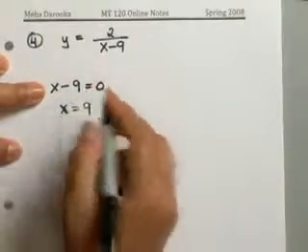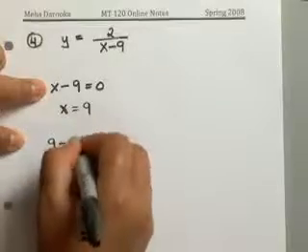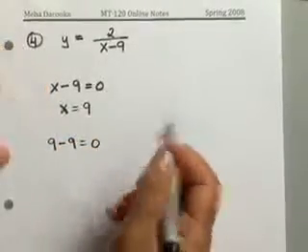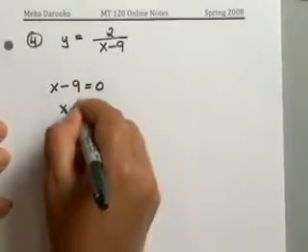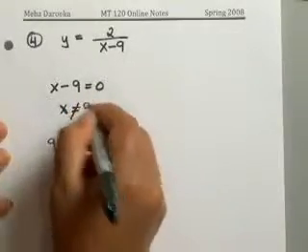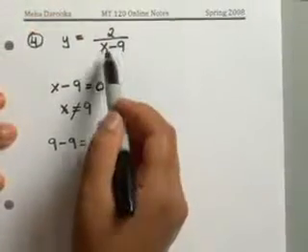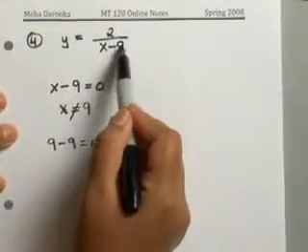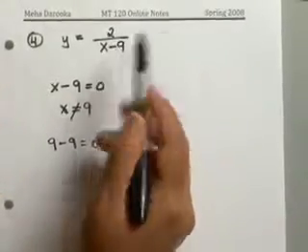And you can see that when you do x equals 9, you substitute it here, 9 minus 9 gives you 0. And we don't want it to be 0, so that tells me we need to exclude 9 from our domain here, because when 9 is part of my domain, that's when my denominator is 0 and I cannot use 0 in the denominator.